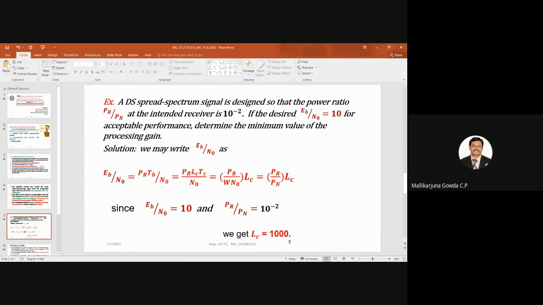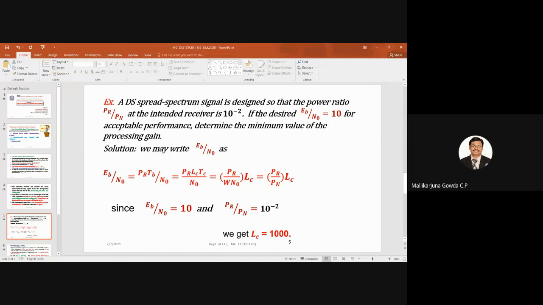PN is the average noise power in a bandwidth W, right? And at the intended receiver it is 10 to the power minus 2. So that is the value of the power ratio at the intended receiver. If the desired Eb by N naught, which is nothing but interference, is equal to 10 for acceptable performance, determine the minimum value of the processing gain.